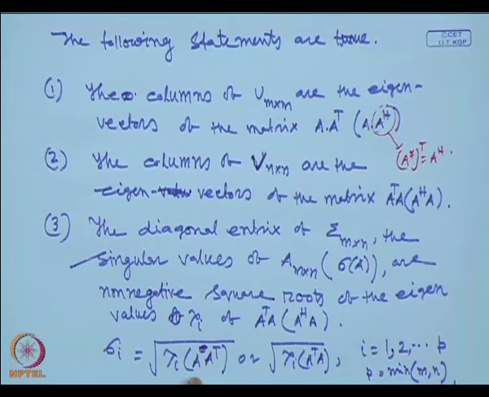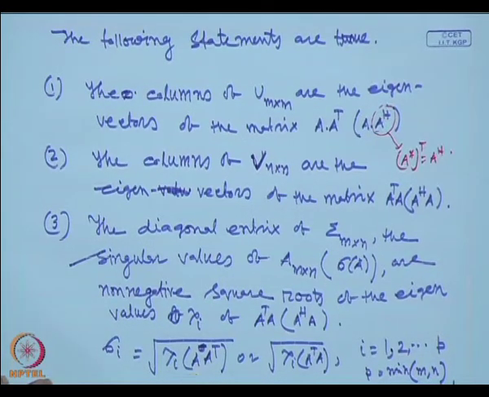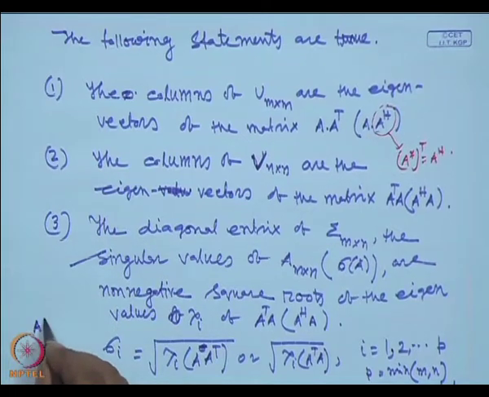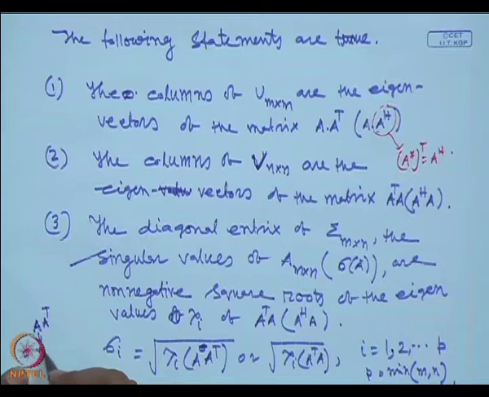You see this one: first find out the dimension of A. The dimension of A is m cross n, and A transpose is n cross m. So, if m is less than n, then you will do this one. Okay.